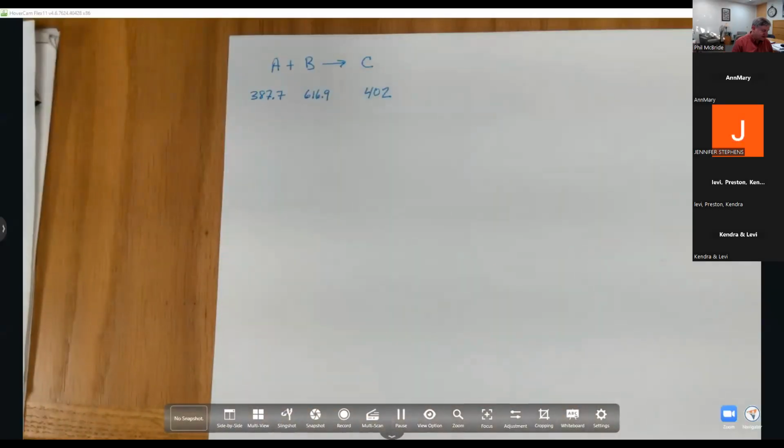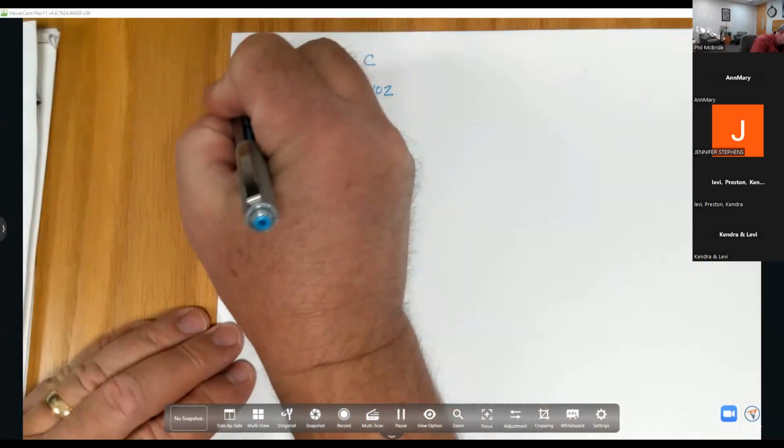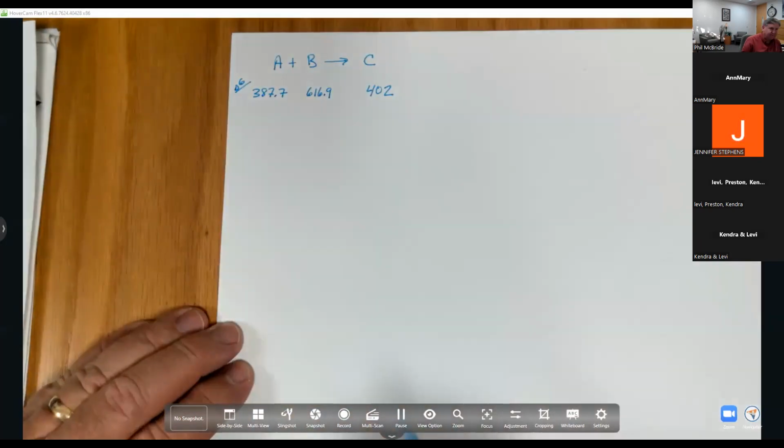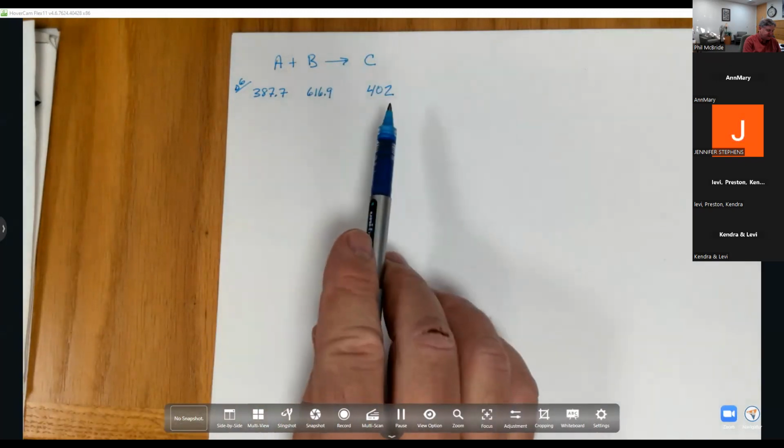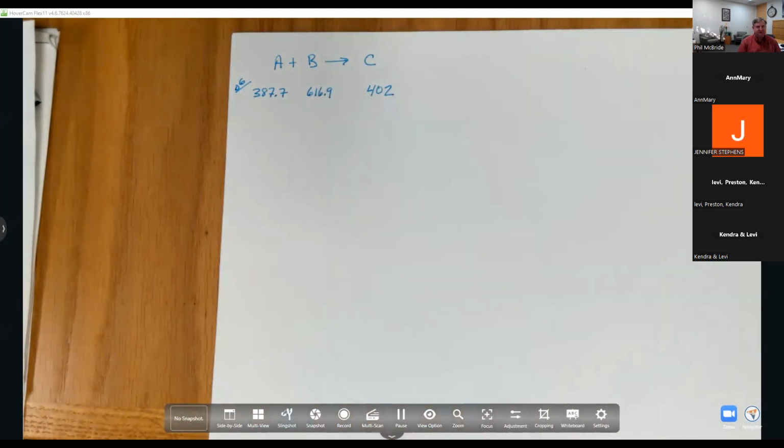Right, so here's our reaction. These are the delta G values. How do I find delta G for the reaction?